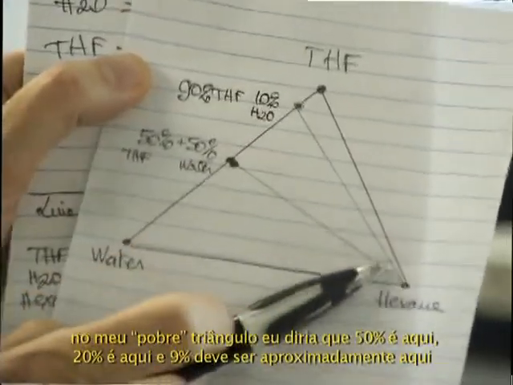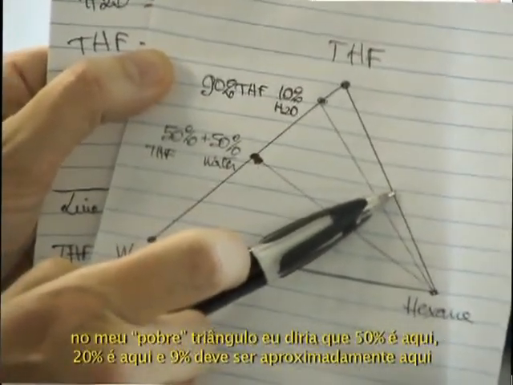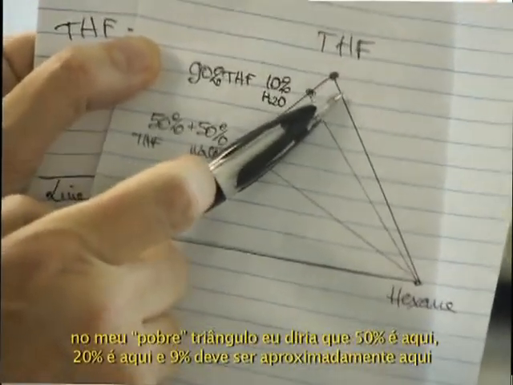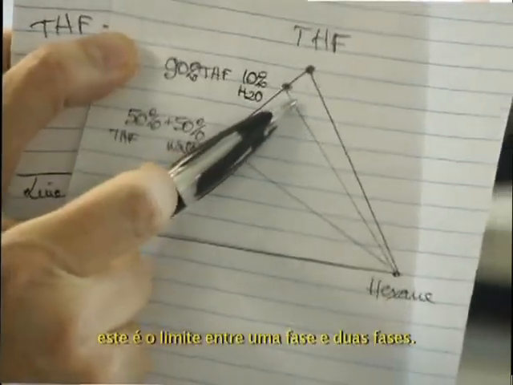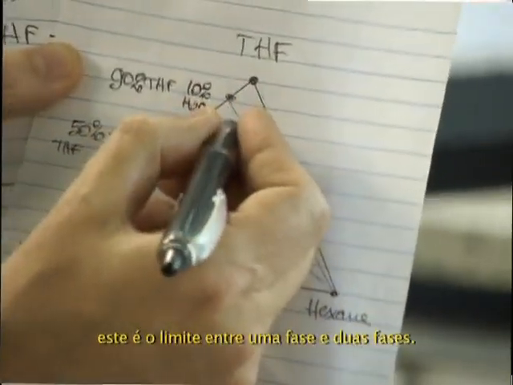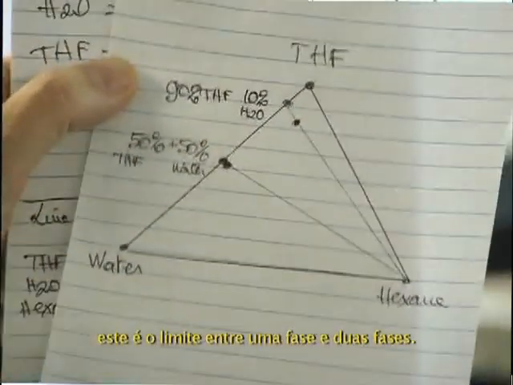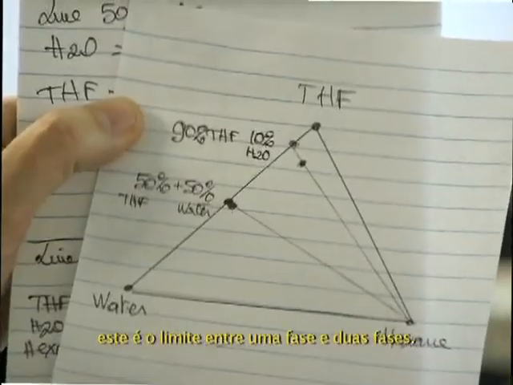It's difficult. I would say 50% is there, 25% is there, 9% approximately here. You see, this is the limit between one phase and two phases.